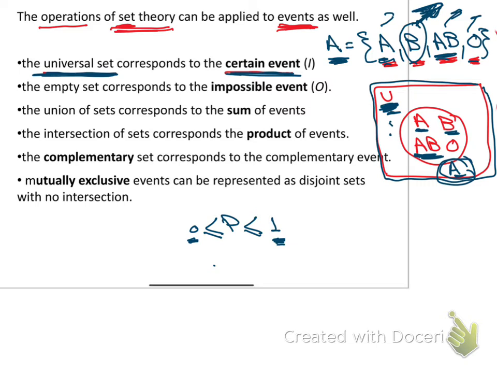You have to revisit it. So this is the maximum, which corresponds to 100%, and 0 corresponds to 0%. So 1 is 100% and 0 is 0%. Certain event means 100%, it cannot be anything else.